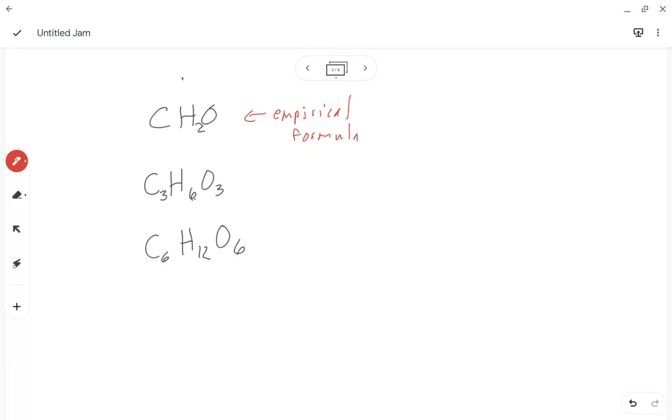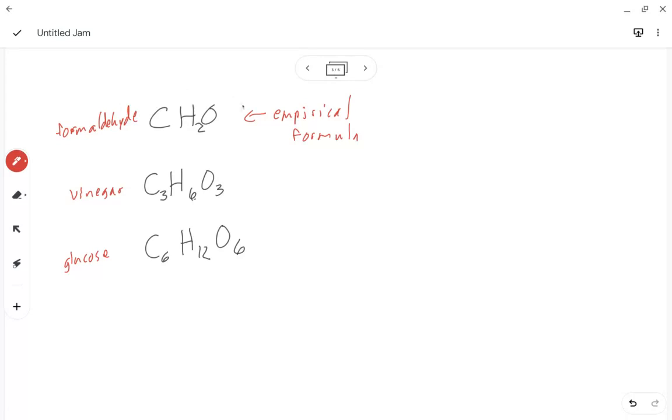The problem is these 3 compounds are all unique and distinct and very different from each other. C6H12O6, you know that as glucose. C3H6O3 is vinegar. And CH2O is formaldehyde, which is an embalming fluid.